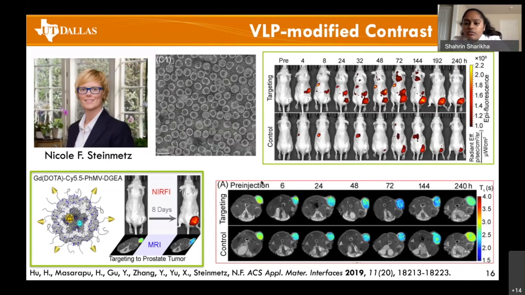The whole reason for this was to get them to serve as both MRI contrast agents as well as fluorescence contrast. And as you can see here, they were able to accomplish both of those goals, with the fluorescence images and the MRI images corresponding with each other. And they observed that a lot of the modified virus-like particle was retained in the tumor, which is what they were trying to observe.